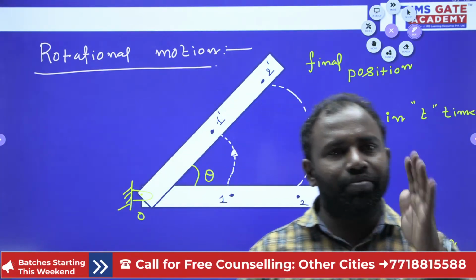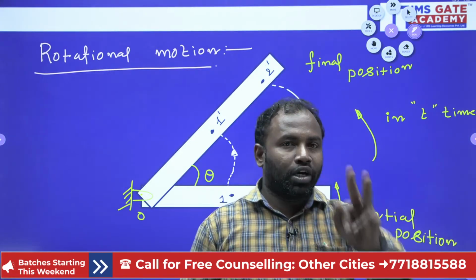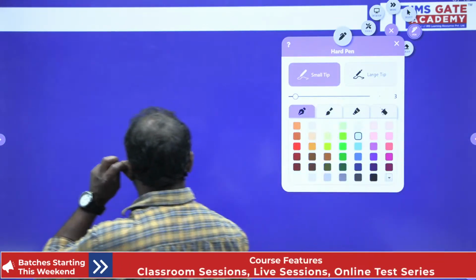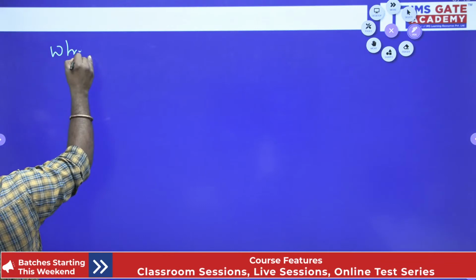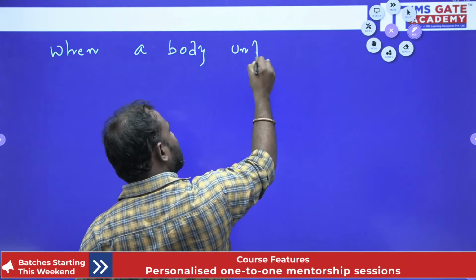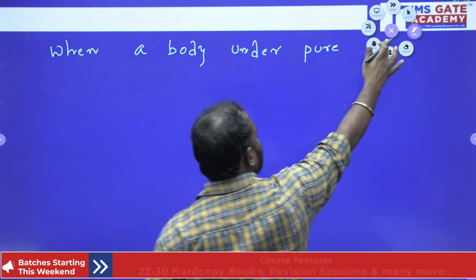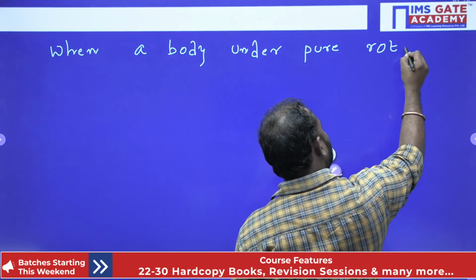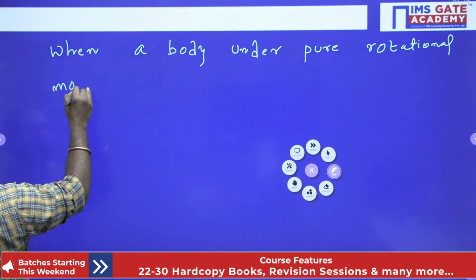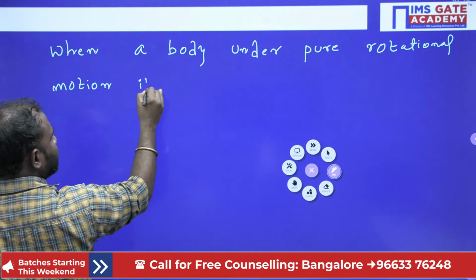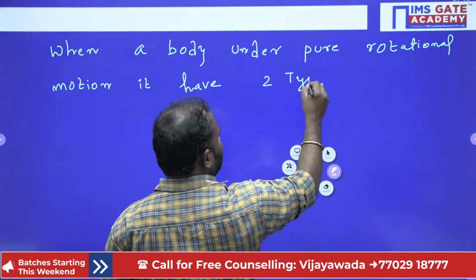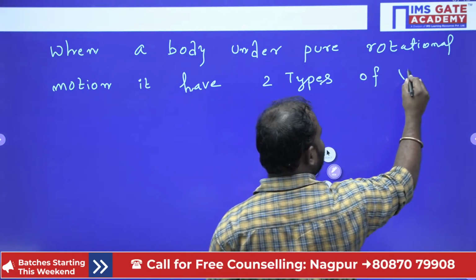So to study the motion variables in pure rotation, the motion variables are of two types, right? When a body is under pure rotational motion, it has two types of variables, isn't it, guys?